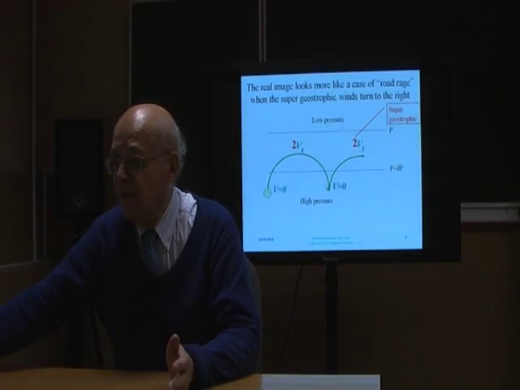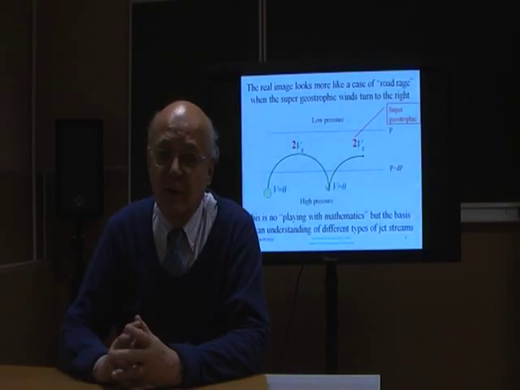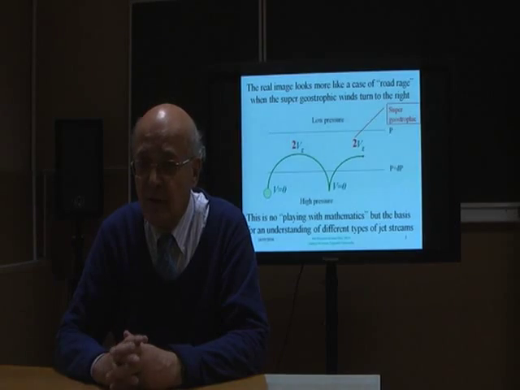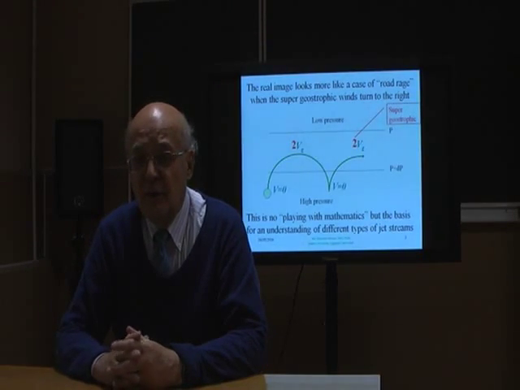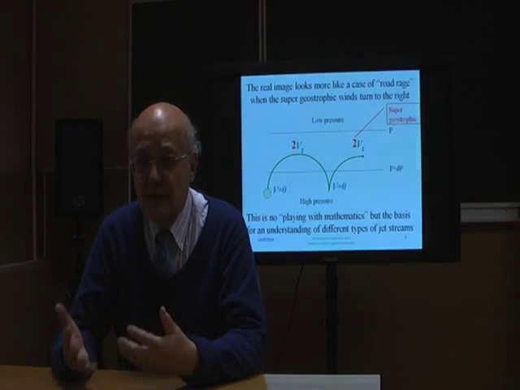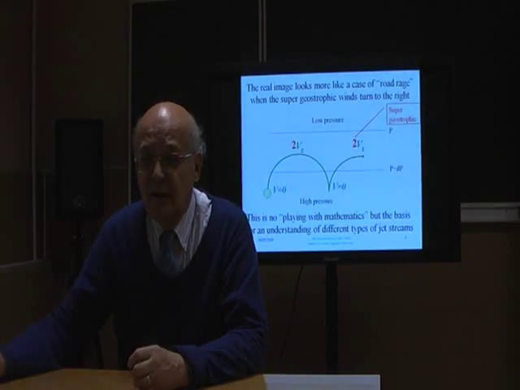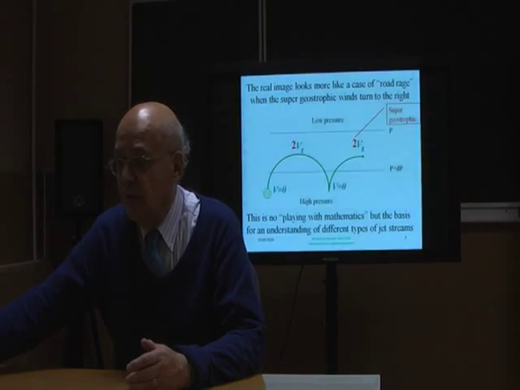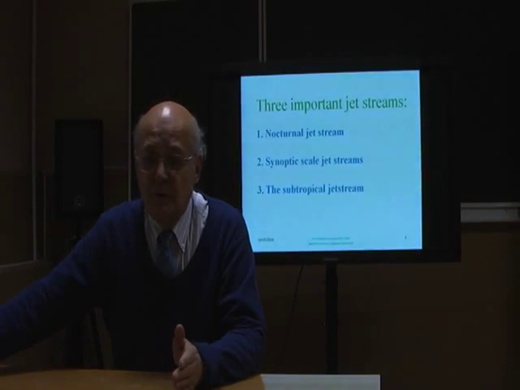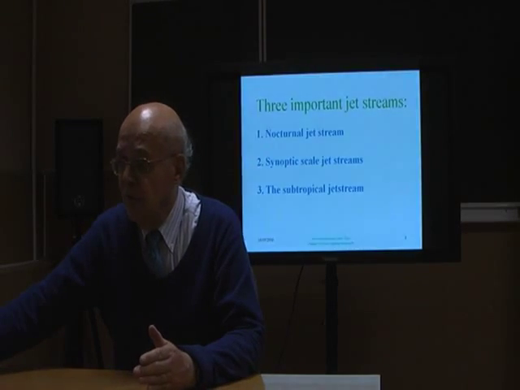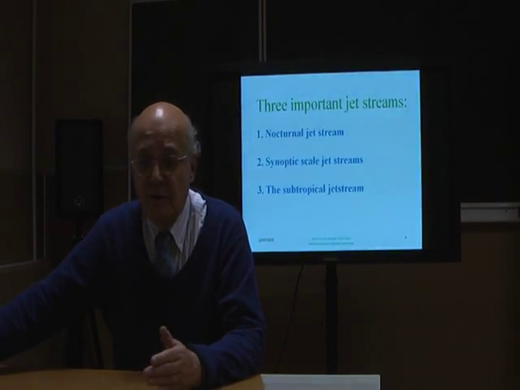And this looks very much like playing with mathematics, but it's not. It's actually partly what happens in the atmosphere, and partly gives an entrance key to understanding some important jet streams.